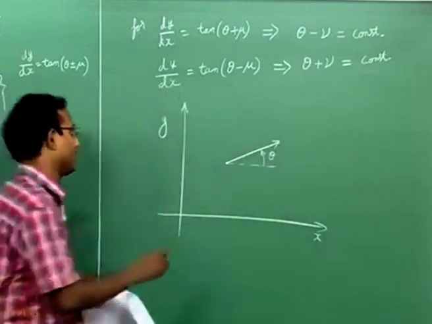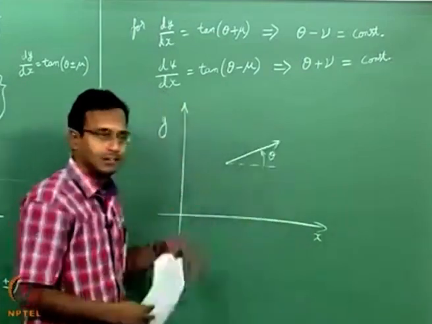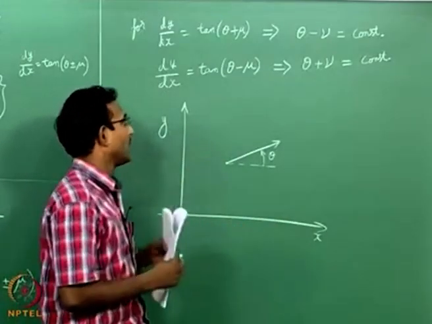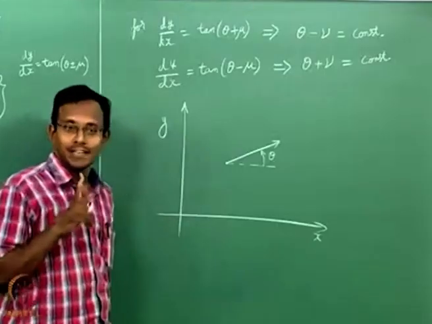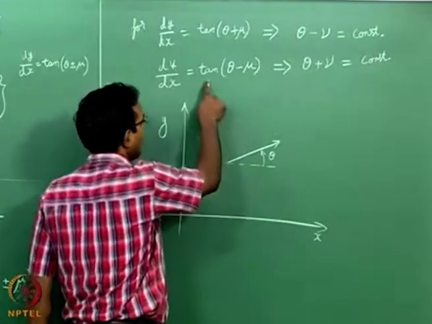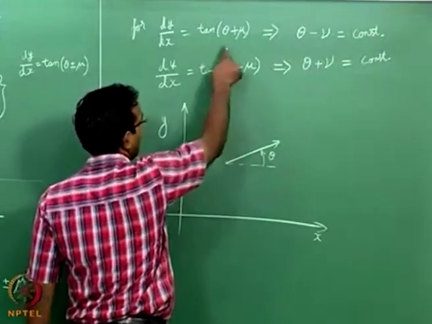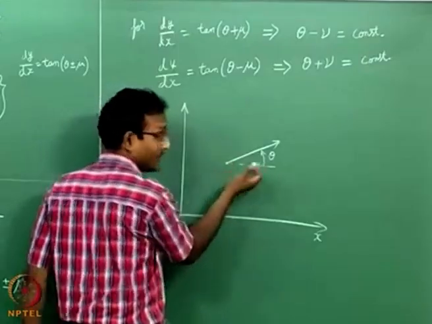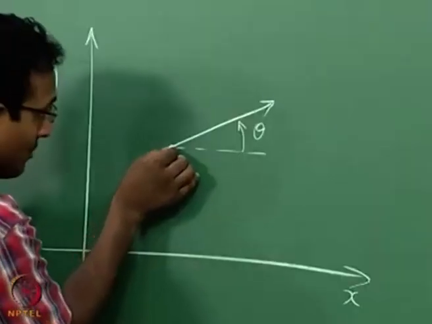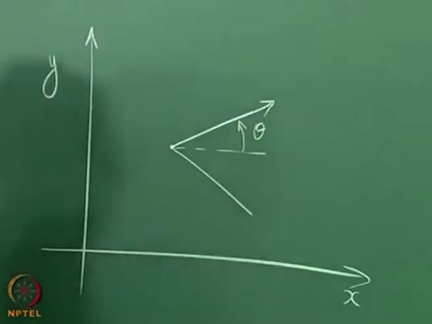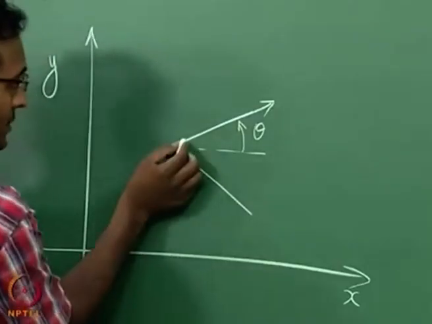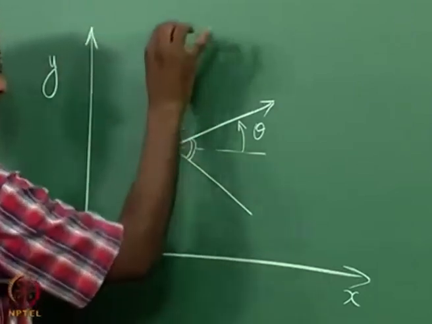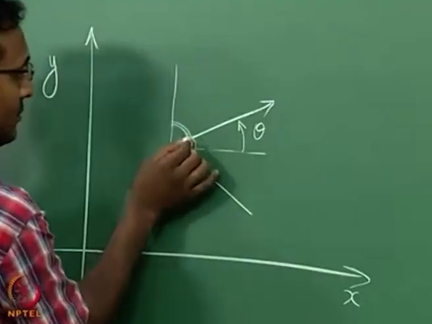Okay, the flow velocity vector has a magnitude of capital V and the direction is theta from our reference axis x. And now I am going to say there are two special directions which are having slope tan of theta minus mu and tan of theta plus mu. This is theta, theta minus mu, let us say mu is different from theta, that is going to go somewhere like this. This is one line, and another line at the same angle on the other side, which will be going something like this.